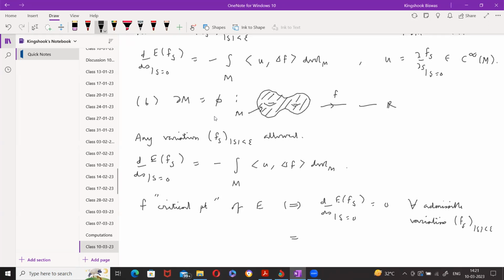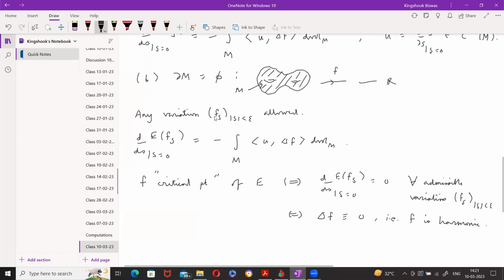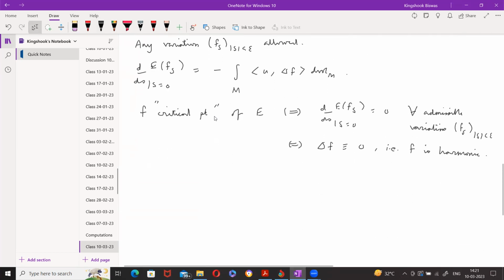And this is if and only if, from the formula for the first variation, the Laplacian of f is identically 0. That means f is harmonic. So in both these cases, we see that both geodesics and harmonic functions arise as critical points of the energy functional. Is this clear?